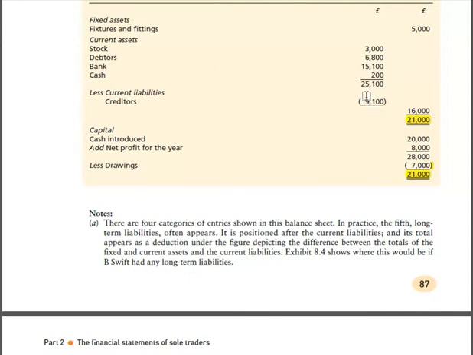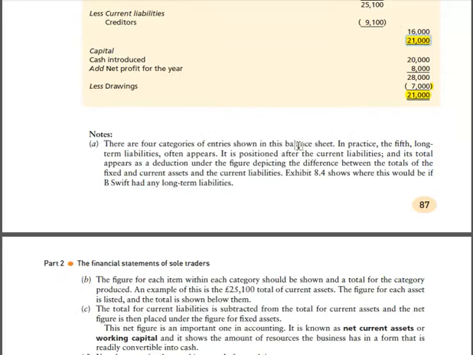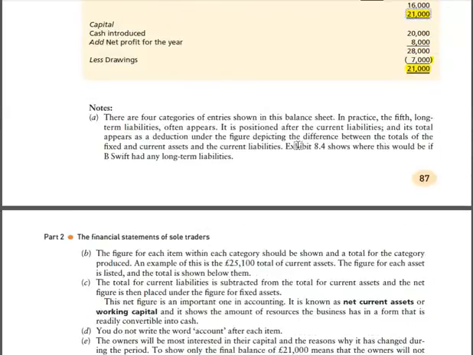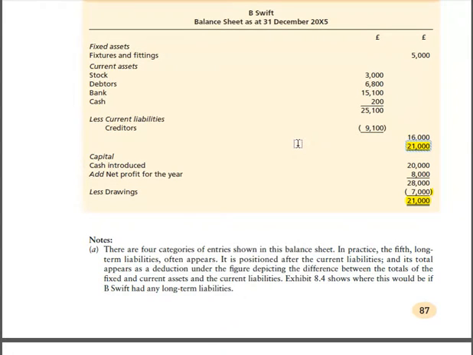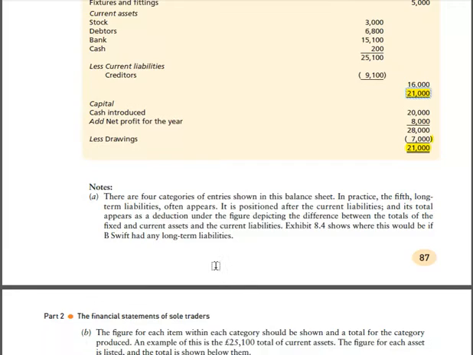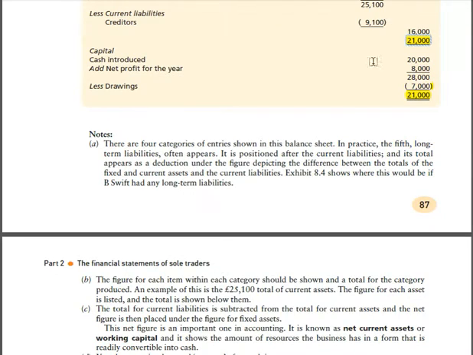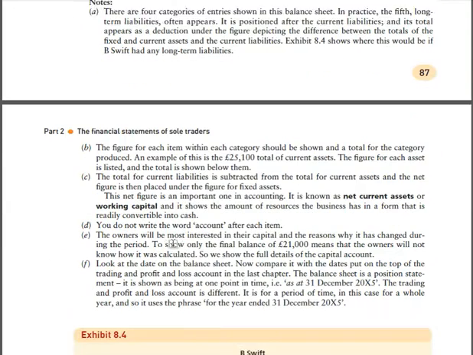If not, this would mean that we would have to sell our fixed assets in order to repay our short term liabilities from our current assets. So this figure, 16,000, is a very important figure because it shows us how much working capital the business has, which means readily available or readily convertible cash to prepay our short term liabilities, which you would have to pay within 12 months. So this is the concept of working capital.